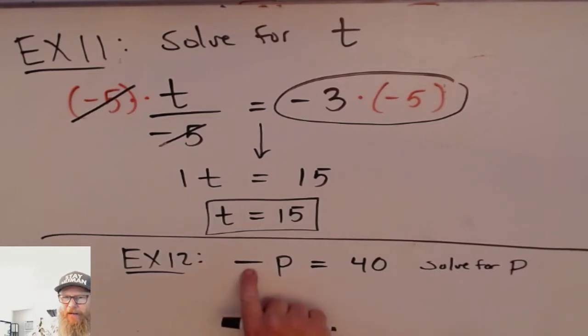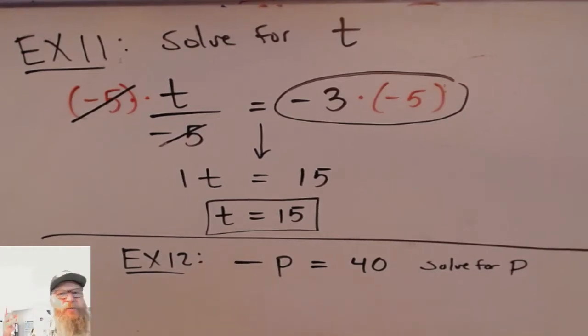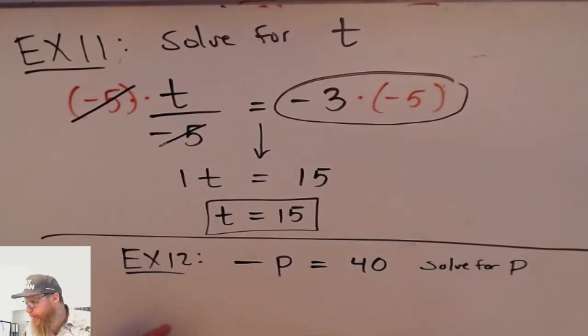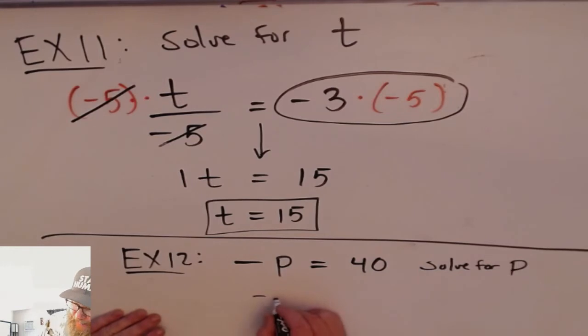What's cool about a negative variable is that you can use either the multiplication principle or the division principle. It doesn't matter which. All right, it's up to you. Since I'm now talking about the multiplication principle, let's go ahead and do that. We're going to multiply both sides by -1.